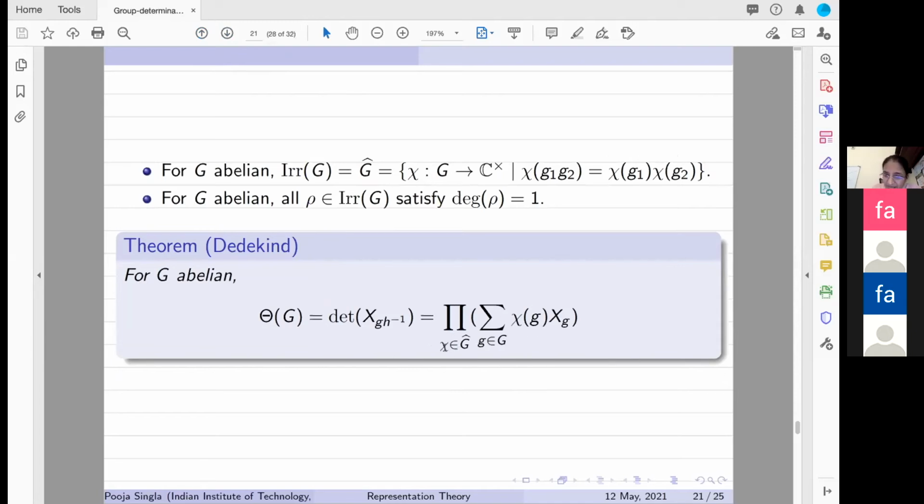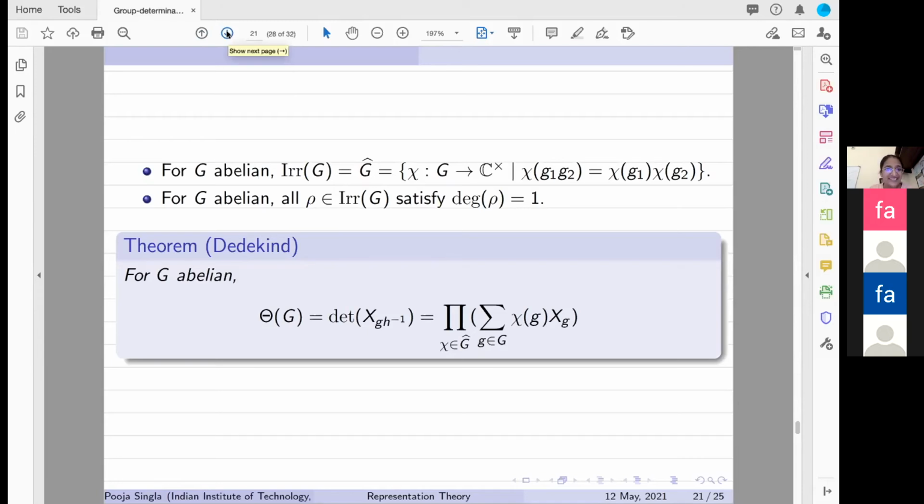This is the product over all characters of the summation of chi(g) x_g. This is now linear, right? All these are distinct linear factors, and this result is exactly matching the result that Dedekind proved. This Frobenius result generalizes Dedekind's result. Is that okay? If there are any questions, please feel free to interrupt me, okay?